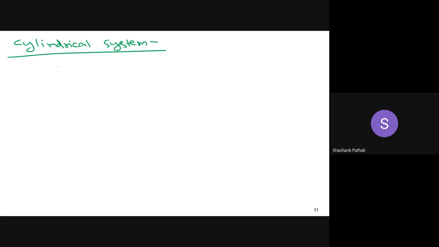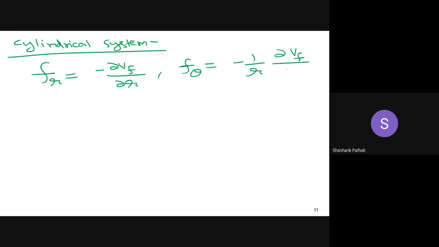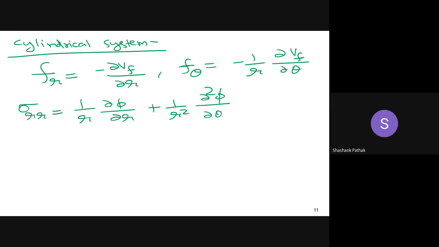For the cylindrical system, your radial body force will be minus del Vf by del R. Your theta direction force will be minus 1 by R del Vf by del theta, and sigma RR will be 1 by R del phi by del R plus 1 by R square del square phi by del theta square plus Vf.